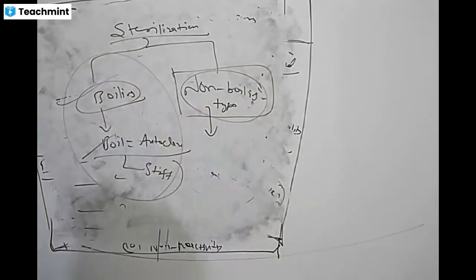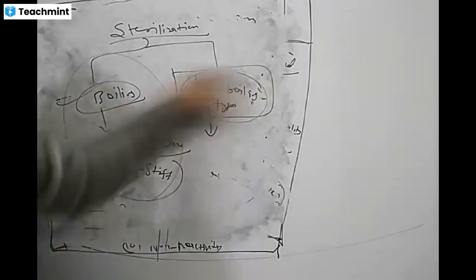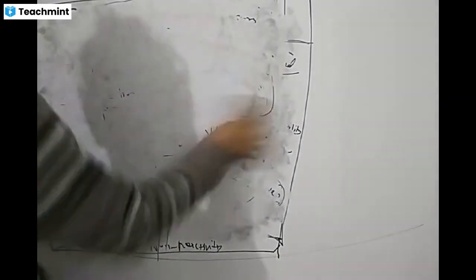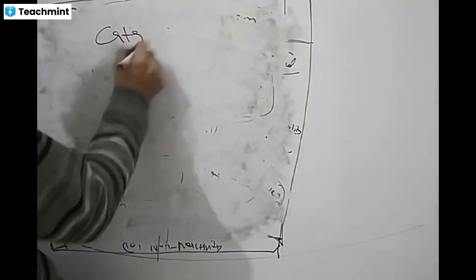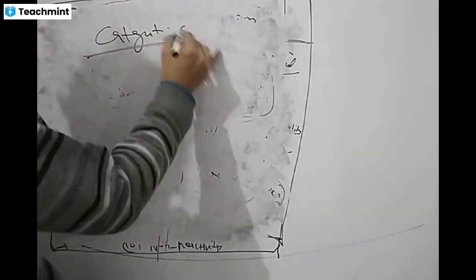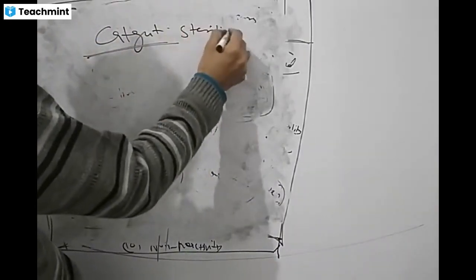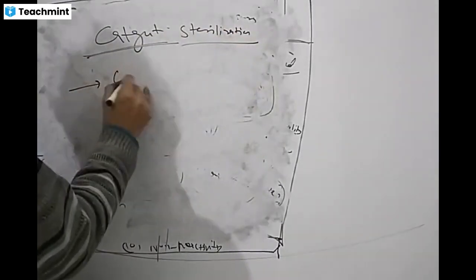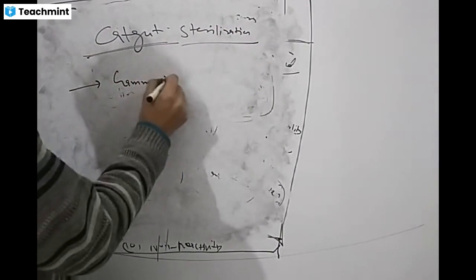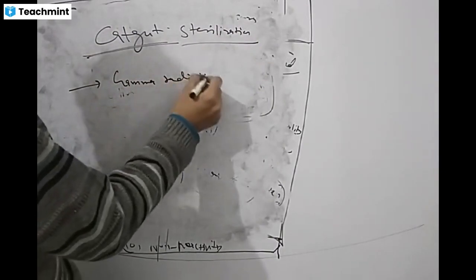So in an MCQ, if they ask what is the mechanism for catgut sterilization, your answer should be gamma radiation.